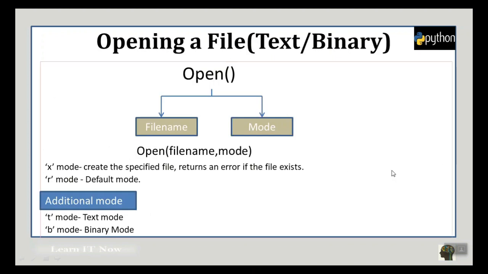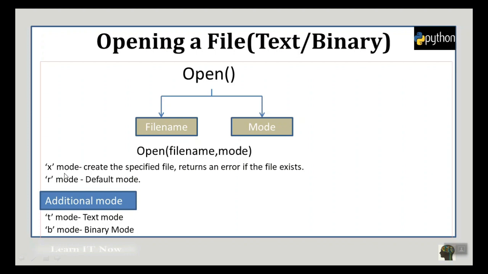Now, how to open a file in text or binary? It has a very normal syntax, that is we need to write open, the file name and the file mode. File mode tells you whether the file is to be opened in the text mode, binary mode, for read or for write or for append.